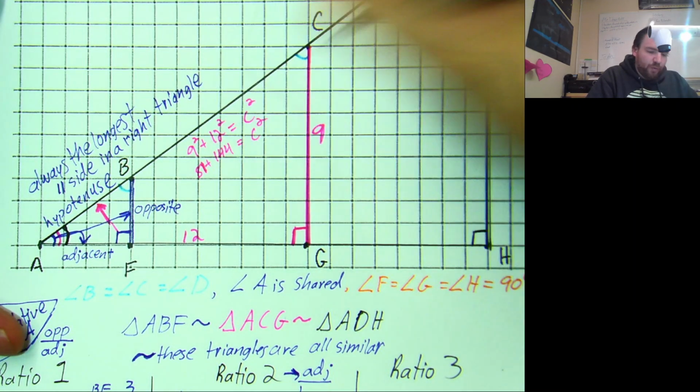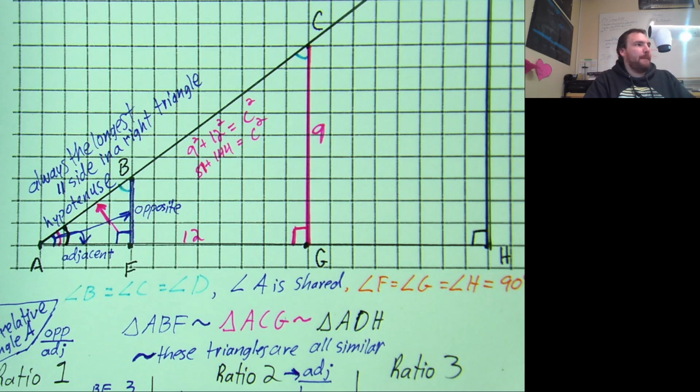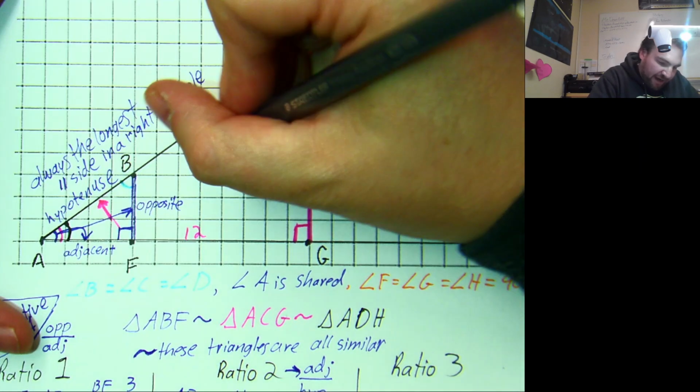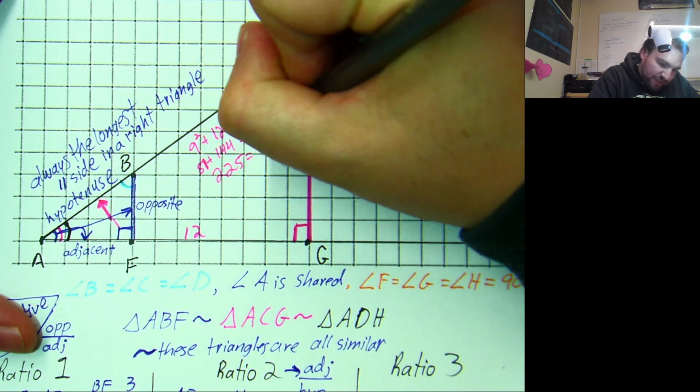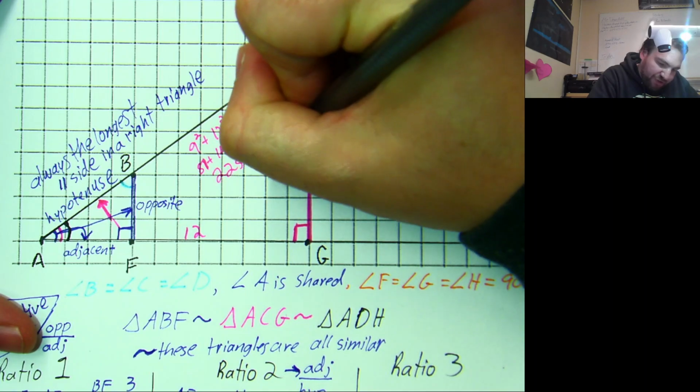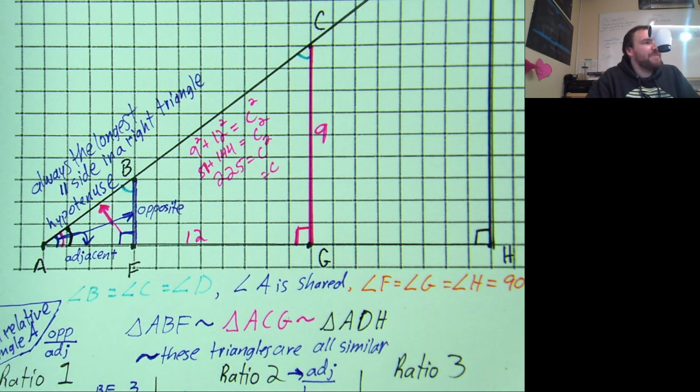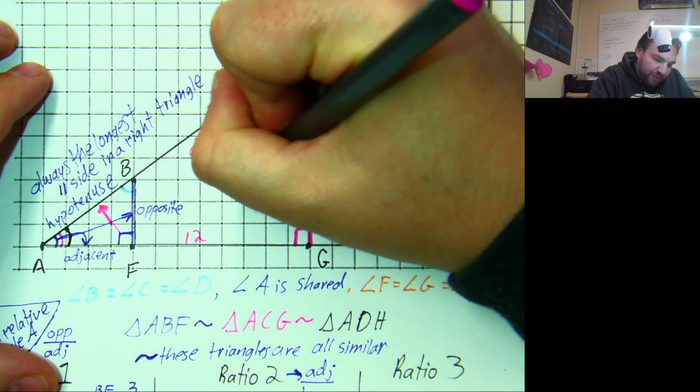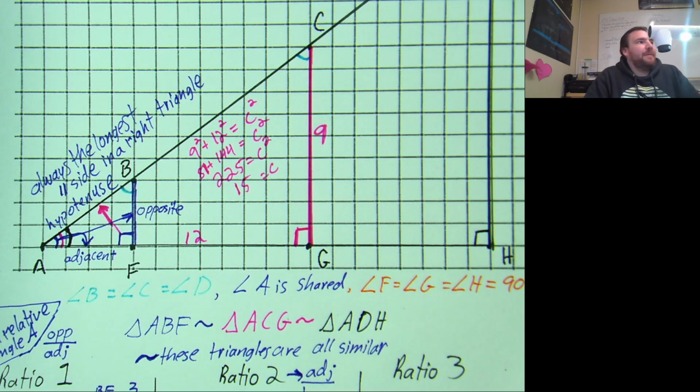What's 81 plus 144? 225 equals c squared. So what's the square root of 225? 15. That was one of those perfect squares that I wanted you to memorize back in chapter 1.